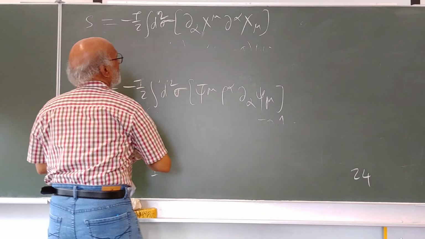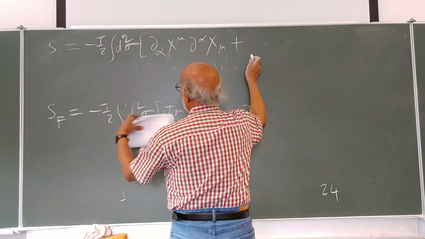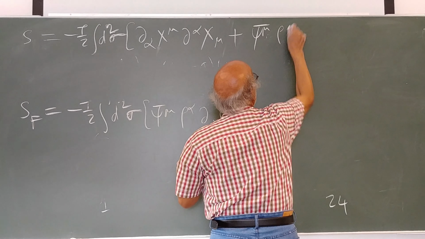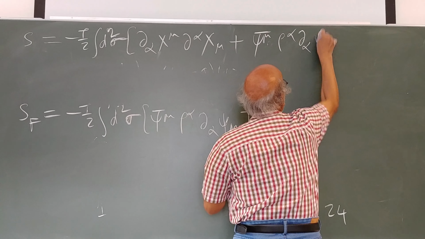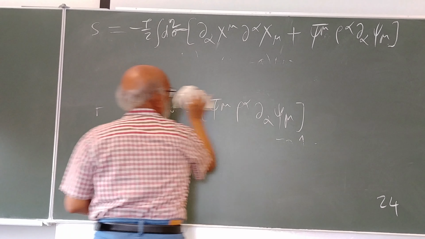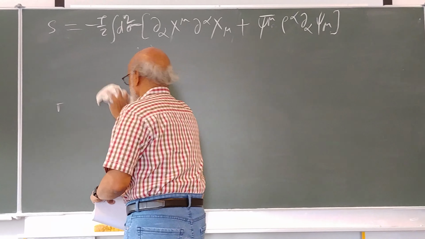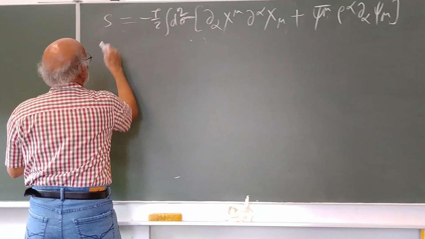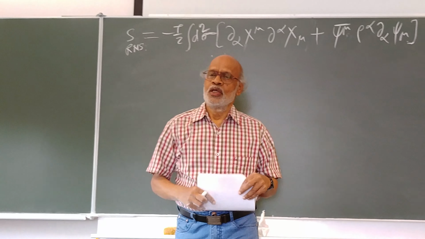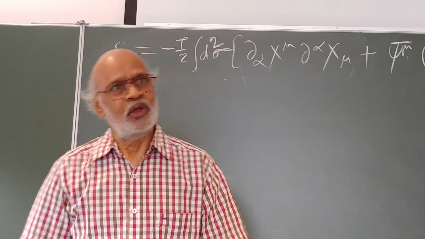Plus this thing is psi mu bar rho alpha del alpha psi mu. So that defines the action of our theory, and this is the action corresponding to the RNS superstring formulation.